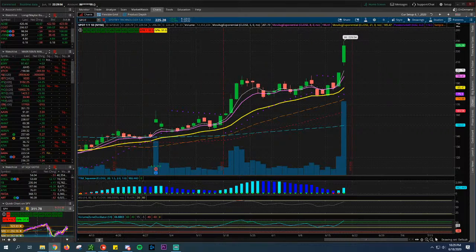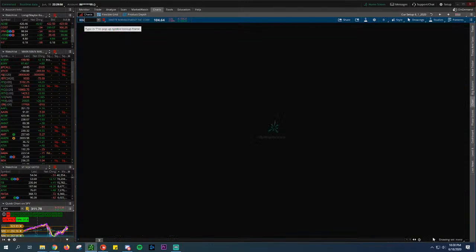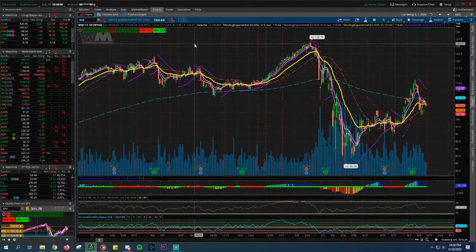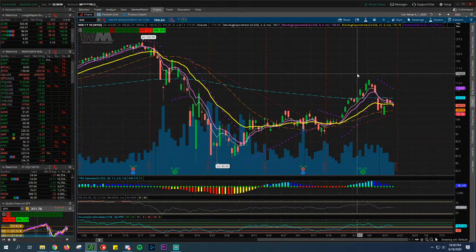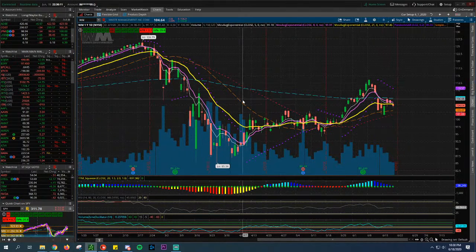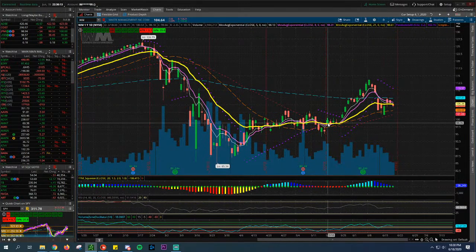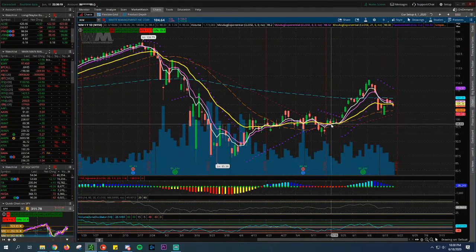WM, Waste Management. Yes, that is one, Ryan, I've been holding. This is one of my favorite boomer stocks, as a lot of people say. I've been holding this for years, man. This is a great little dividend. I just don't even look at it. I did buy some around the $100 level, playing this squeeze here. I bought some stock for long term, then I sold some short-term puts, short term meaning 30 to 45 days.